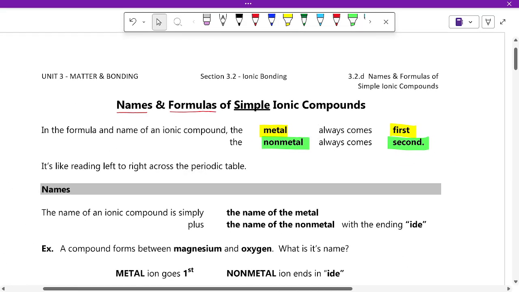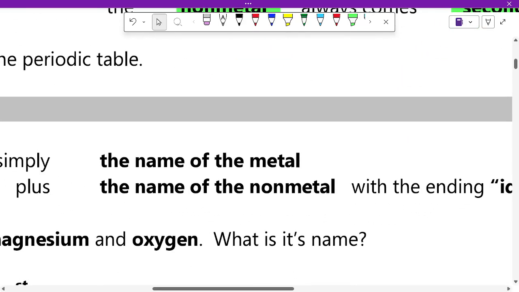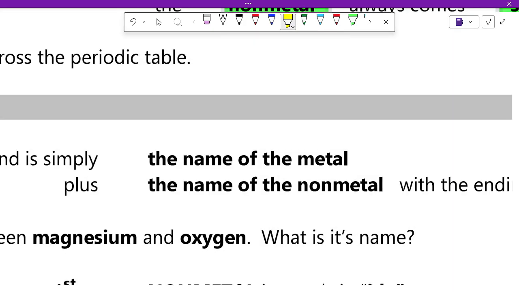And in order to name it, it's really simple. You just name the metal.